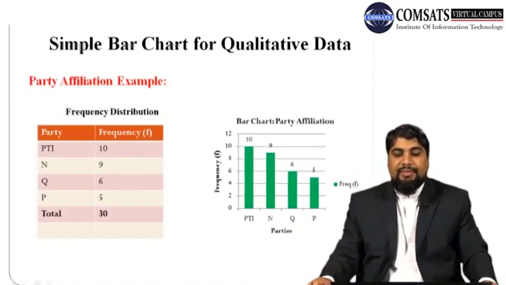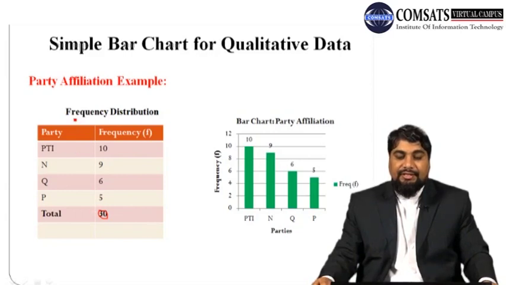So let us discuss the party affiliation example. In the last lecture we discussed this example: out of 30 students in a class, how many of them are in favor of a particular political party.